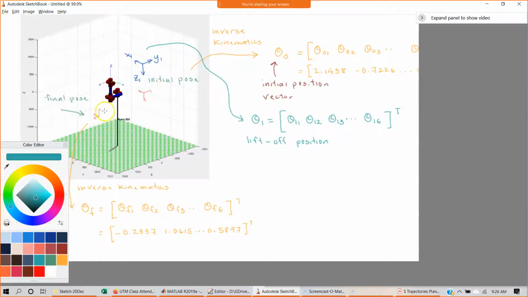And don't forget the set down position. So set down position should be in normal, away from the final pose. So you might have your z2 to be that way. This is your x2.